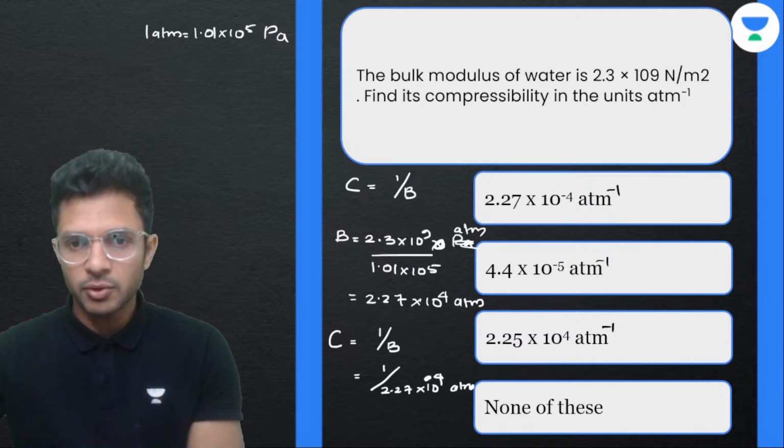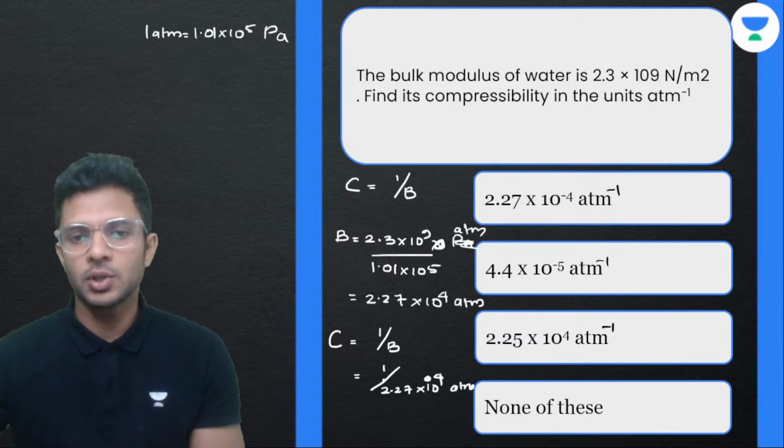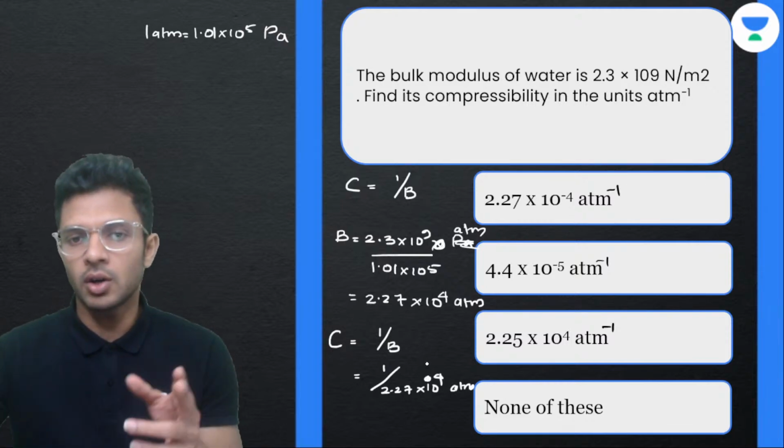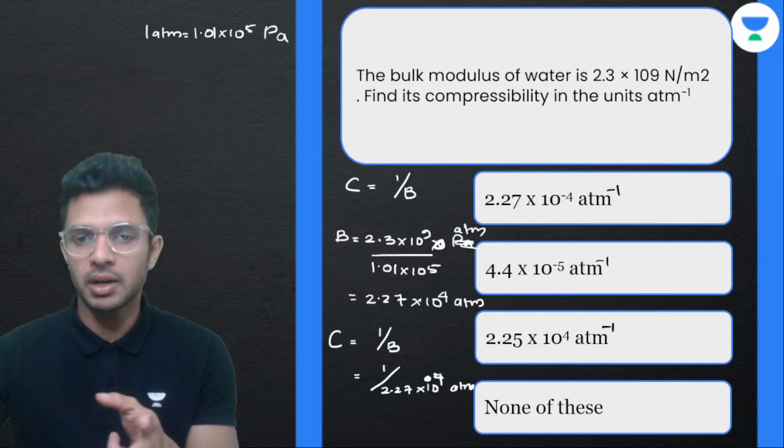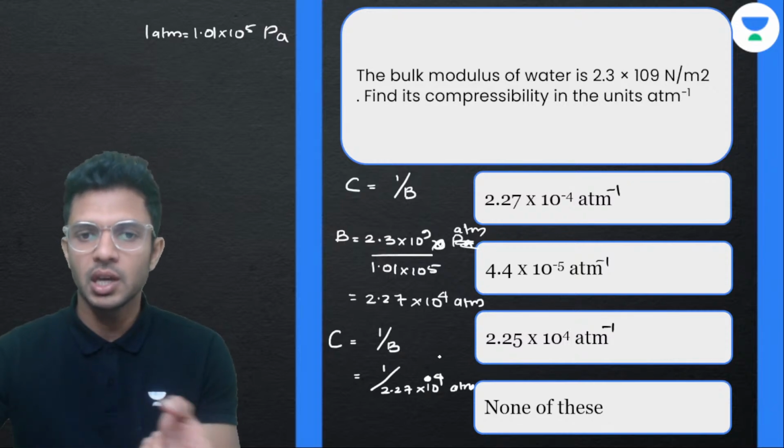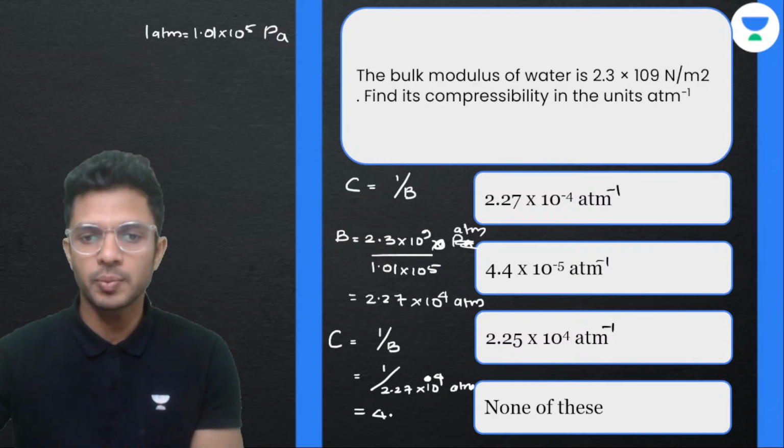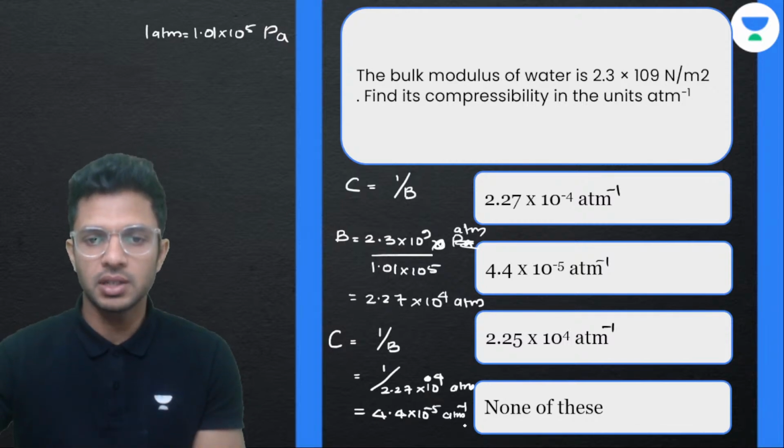Okay, it's not 10 power minus 4, it's 10 power 4. So 1 by 2.27 will be almost 0.44 into 10 power minus 4. We can write it as 4.4 into 10 power minus 5 atmosphere inverse.